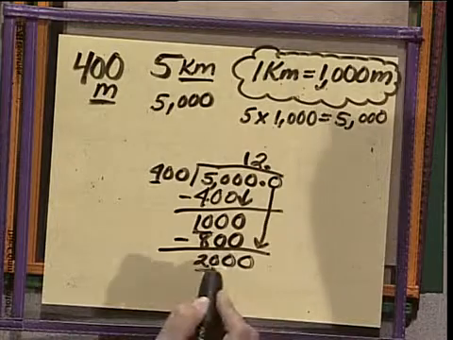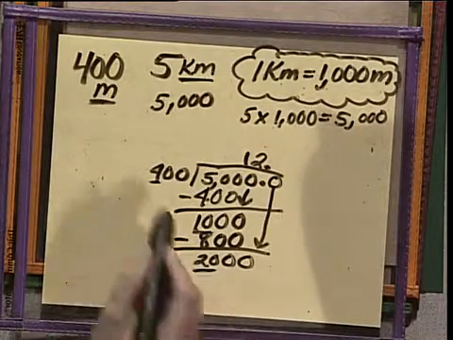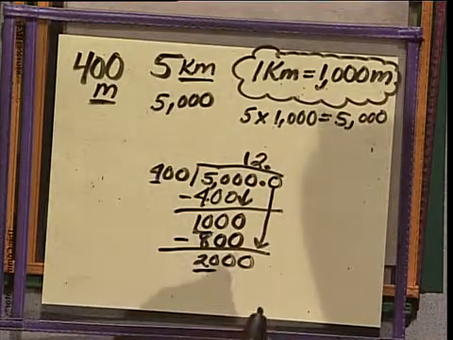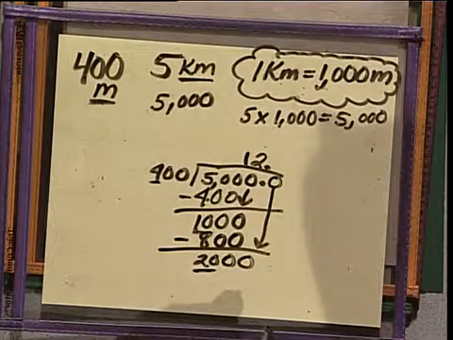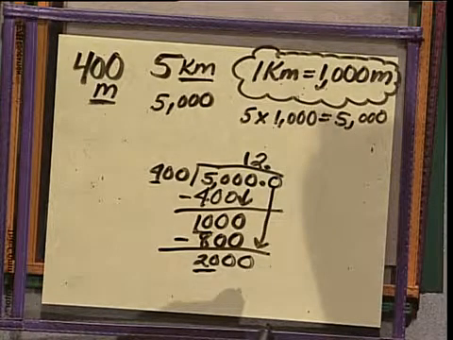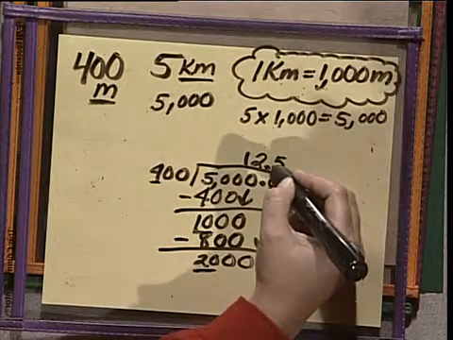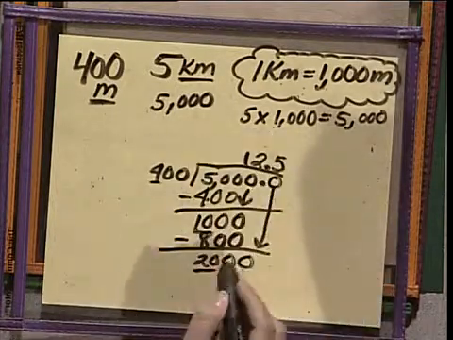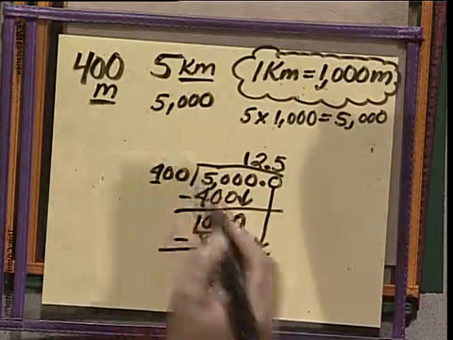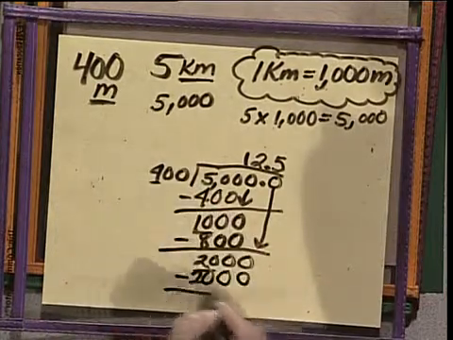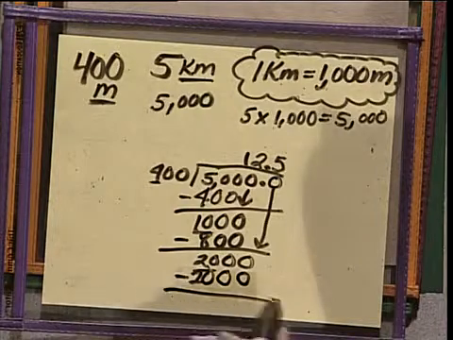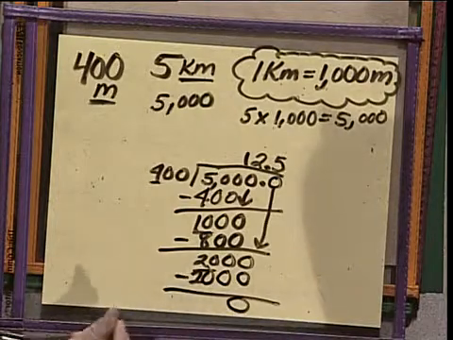Mohammed, how many times? 4 times what is 20? 4 times what number equals 20? 5. Good. 5 times 4 is 20, and then I have my 2 zeros. And then look what happens, Mohammed. 2,000 minus 2,000 is 0.